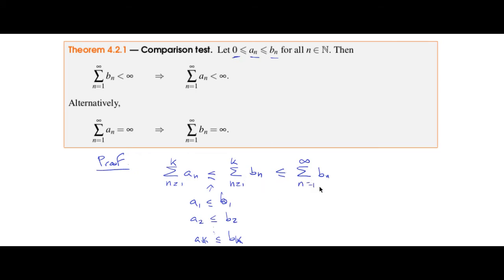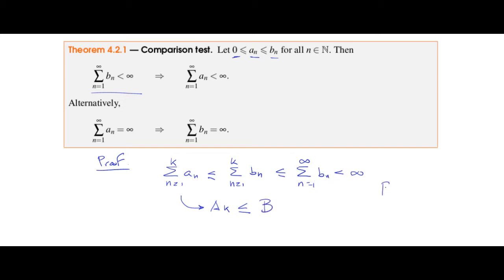Okay, now, starting from the first assumption, we assume this is convergent, that is, this is smaller than infinity, then this thing will be smaller than infinity. Okay, so the sequence of partial sums related to A, call it A sub k, is bounded, smaller or equal than some value capital B, which is the value of the series.